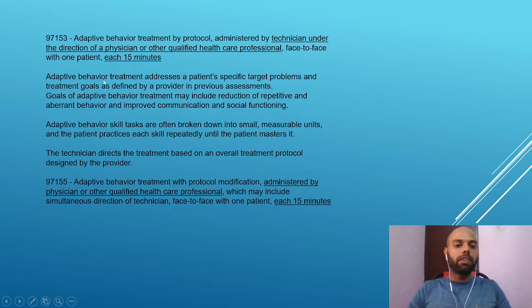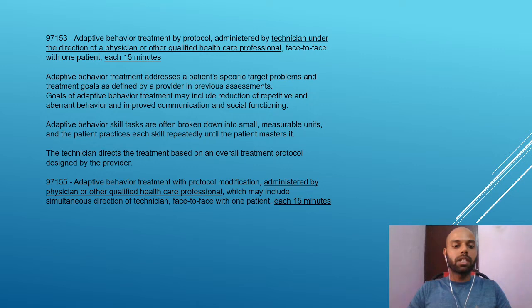Adaptive behavioral treatment addresses a patient's specific target problems and treatment goals as defined by a provider in previous assessments. Goals of adaptive behavioral treatment may include reduction of repetitive and aberrant behavior and improved communication and social functioning.